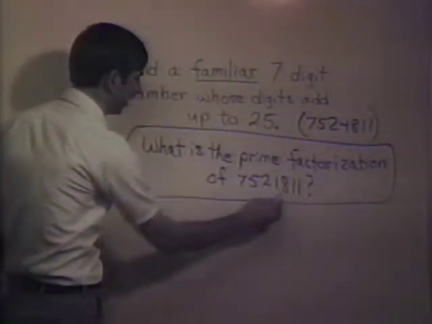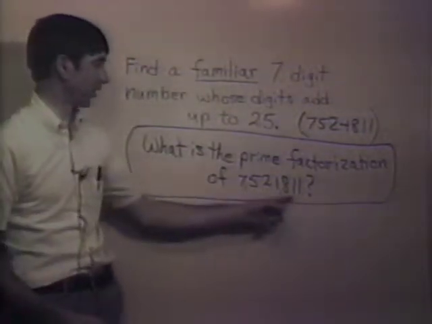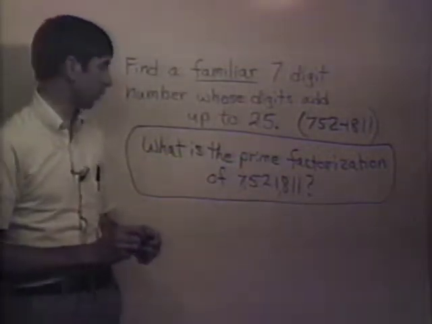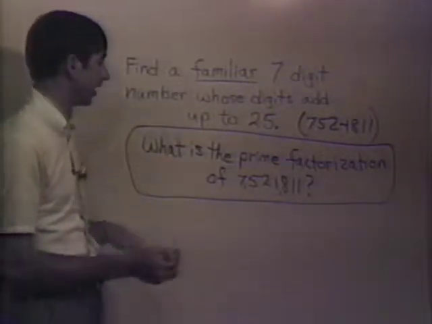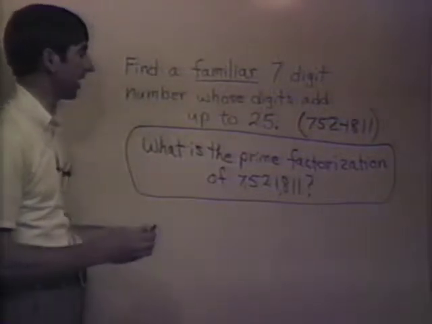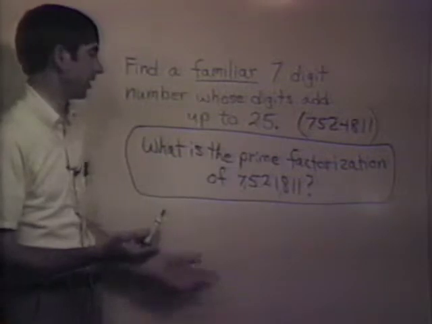It would actually be 7,521,811. Now, let me give you a couple of pointers here. First of all, let me tell you what a prime factorization is if you've forgotten that. To write the prime factorization of a number, we just take the number and find what factors will go into it.